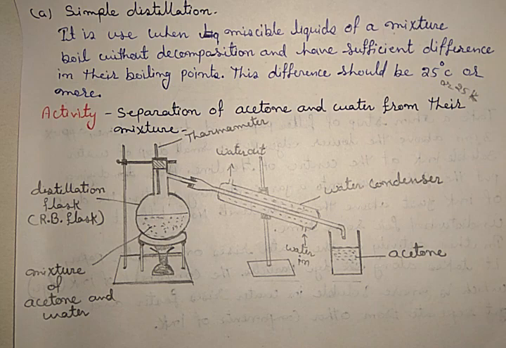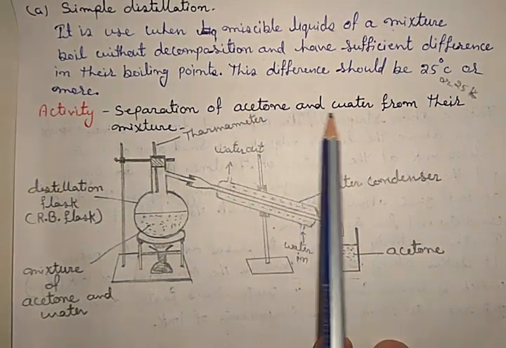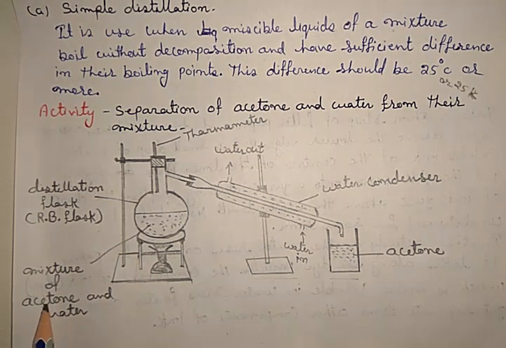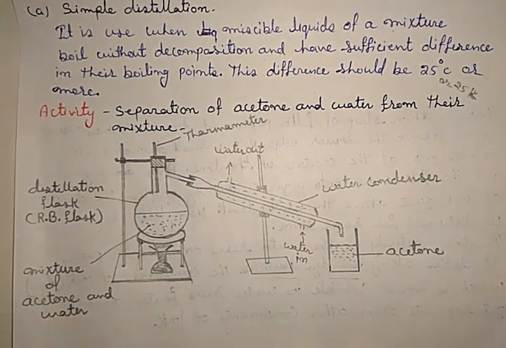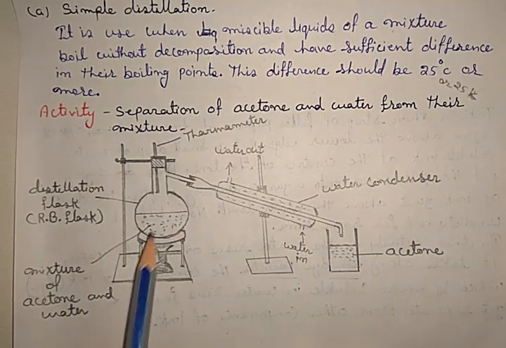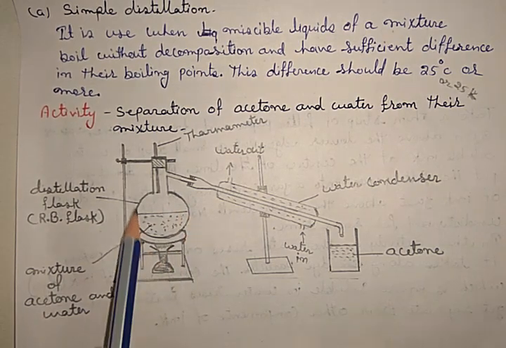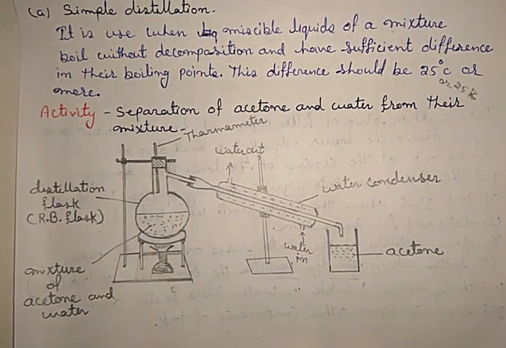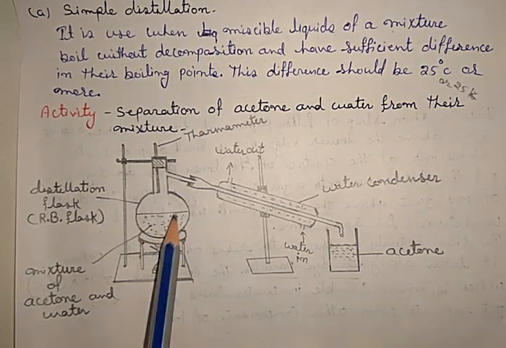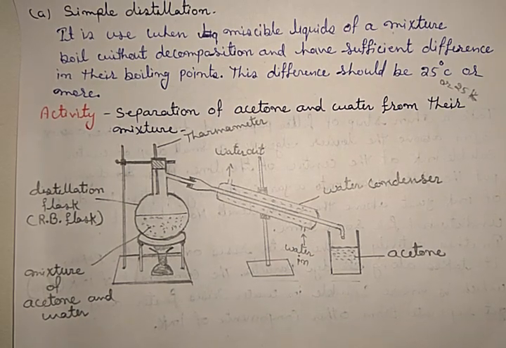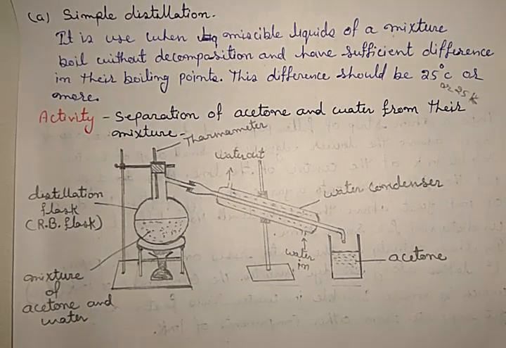Now let me take an example to describe it more clearly. Suppose we have a mixture of acetone and water. We place it in here and start the heating process slowly. Got it? The boiling point of water is 100 degrees Celsius while the boiling point of acetone is 56 degrees Celsius.